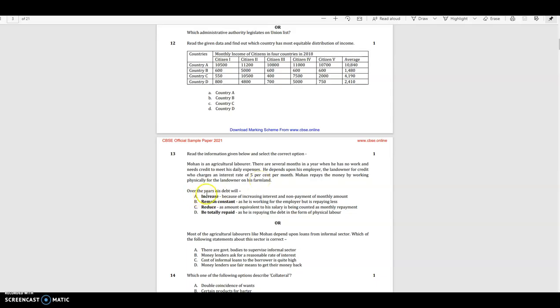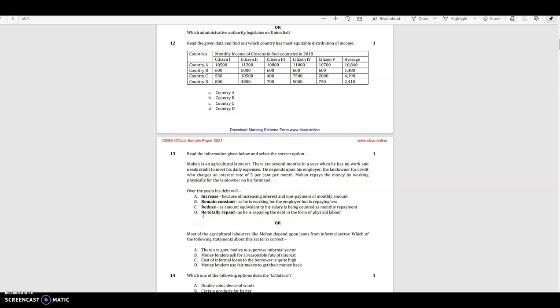Over the years, his debt will, option A, increase because of increasing interest and non-payment of monthly amount, then B, remain constant as he is working for the employer but is repaying less, then C, reduce as an amount equivalent to his salary is being counted as monthly repayment.